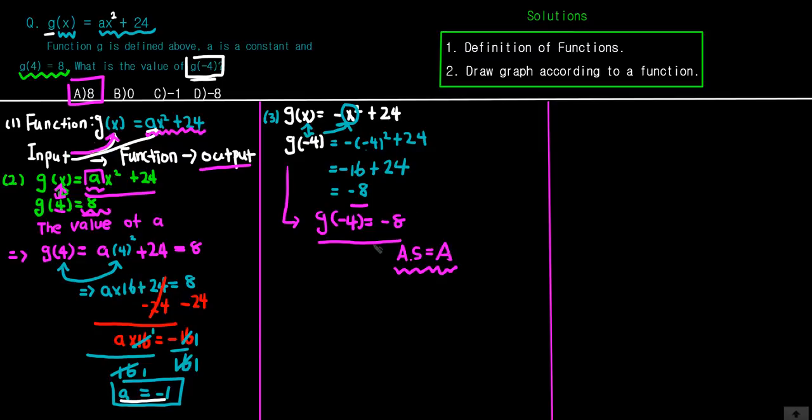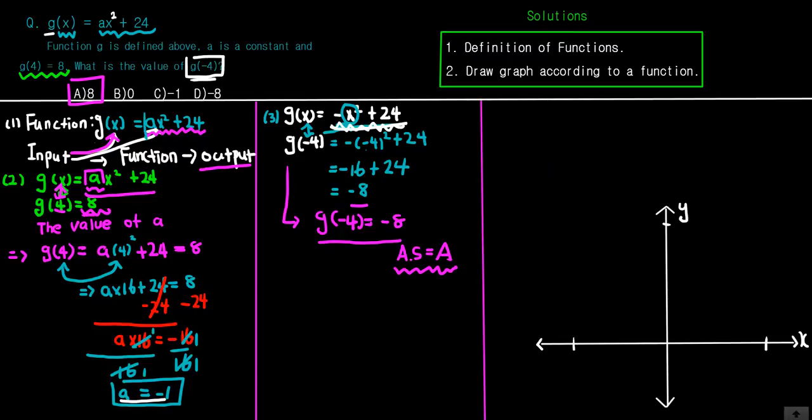So at first, let's think about the graph of a function. Actually, the graph of the function is not important when it comes to solving this question, but the reason why I'm doing this is because when you go to more advanced SAT function math problems, it's hard to solve them if you don't really know about the graph of the function.